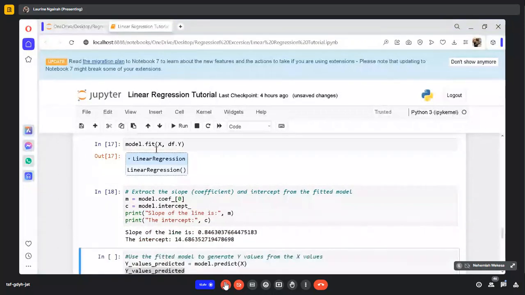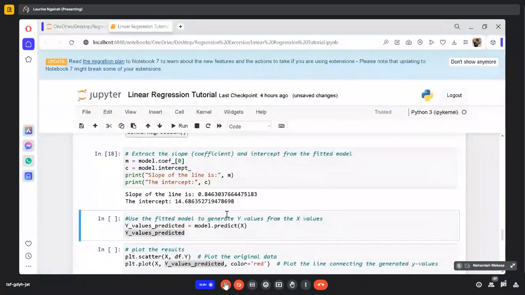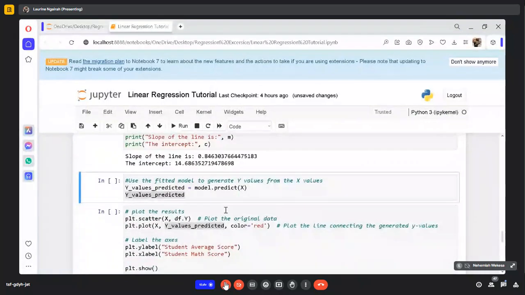Okay. So we are seeing our M is 0.84 and our intercept is around 14.68. So now we go to predicting our Y values.